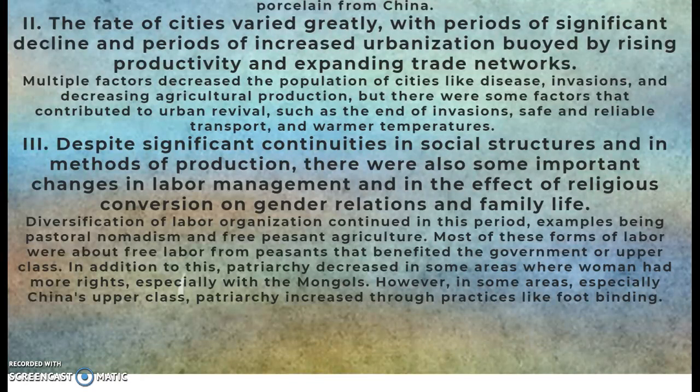But with the Mongols, women were usually more equal, because the Mongols were not super concerned with what everyone did, so women would have more rights there, and they wouldn't be just controlled by their family members.